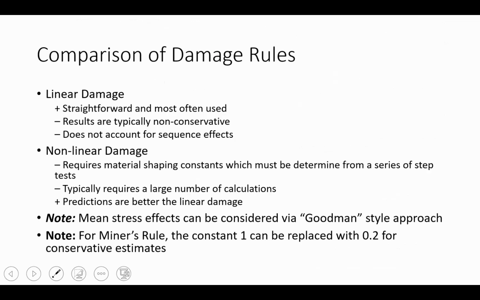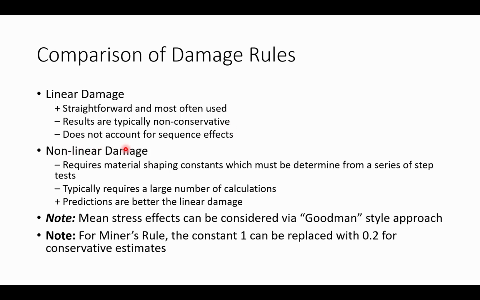All right. So to summarize, linear damage is a straightforward and the most often used approach. Palmgren-Miner appears in all kinds of damage problems. But linear damage rules are typically non-conservative because they don't account for the sequence effect of one block or previous damage affecting the next state of damage.